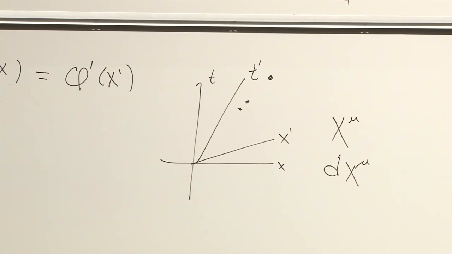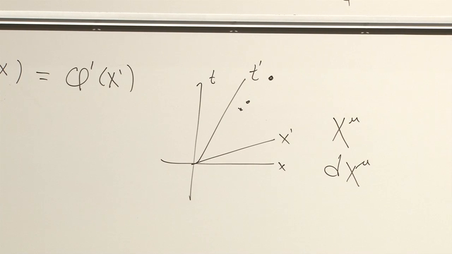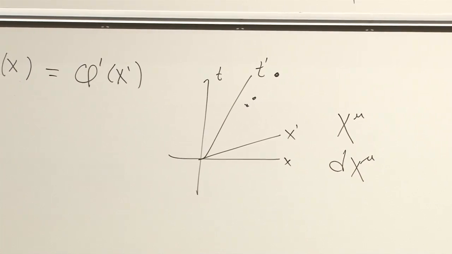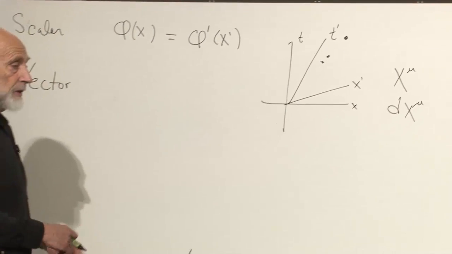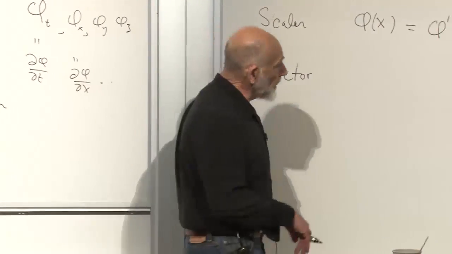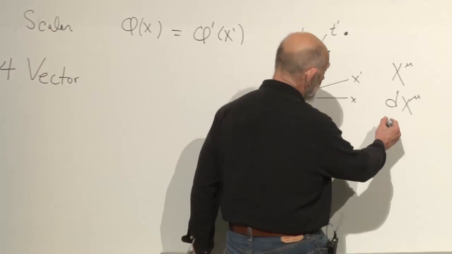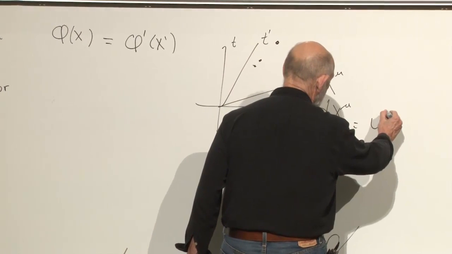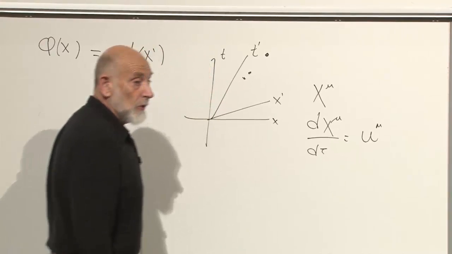If you multiply 4-vectors by scalars or by invariants, you get back 4-vectors, because invariants are completely passive when you transform. We already know an invariant, d tau. So if you take dx mu by d tau, which we called the 4-velocity, that's also a 4-vector.